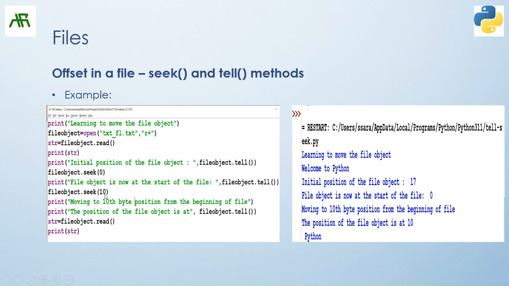Because I was seeking to move to the 10th byte from the beginning, the position of the current file object is at 10 with this second tell function. So tell gives you where the file object is now, and seek is to position the object at a particular byte position that we actually want.